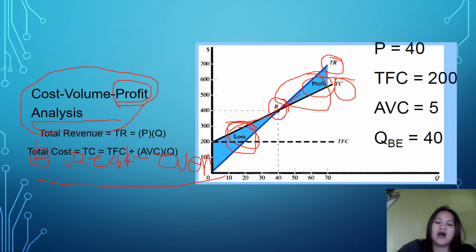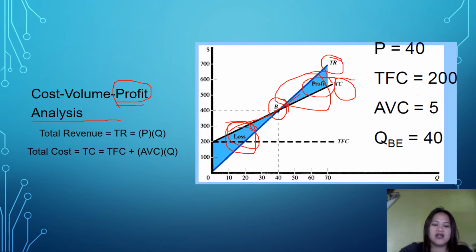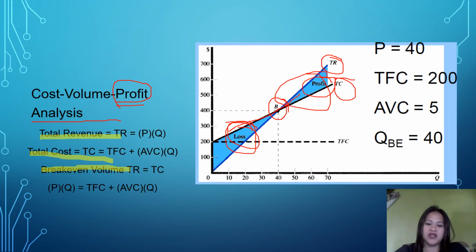Okay. So of course, these are the different ways in terms of the cost volume profit analysis. Take note of the total revenue and the total cost, and of course the break-even volume. The break-even volume is very important because this will be your basis if you're going to increase or decrease your production.